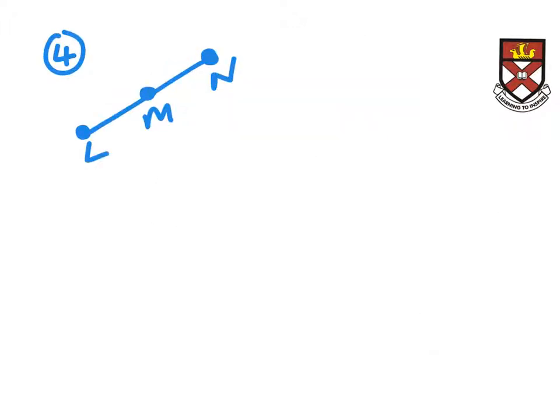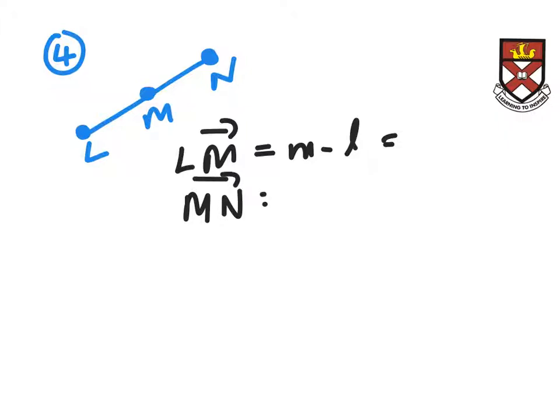Question 4, collinearity. Prove that these points are collinear. So we need to work out LM, which is little m minus little l. Then we need to work out MN, which is little n minus m. And we should be able to spot a connection between these two vectors.